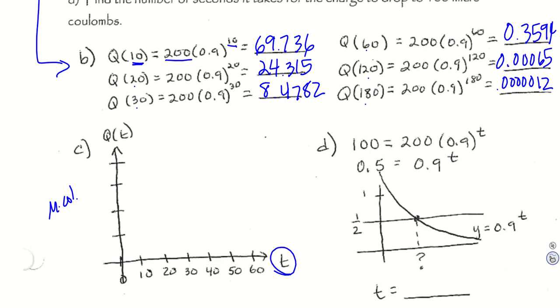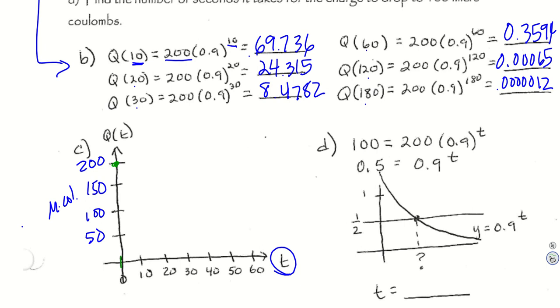Our values went as high as, say, 70, but it starts at 200. So if I make that 200, then this would be 50, 100, and 150. So if I'm going to graph this, at time 0, the amount of charge is 200.